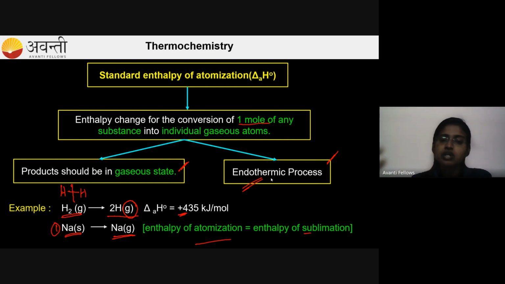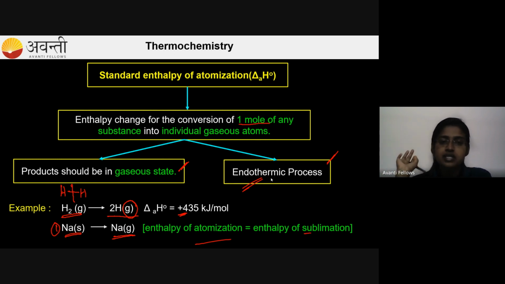It is the formation of individual gaseous atoms from one mole of any substance. That substance may be a molecule, it may be an atom, a solid, it can be anything, but one mole of that reactant has to form the gaseous product, gaseous atoms.